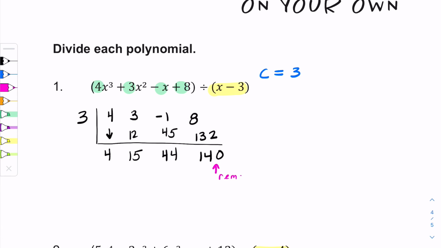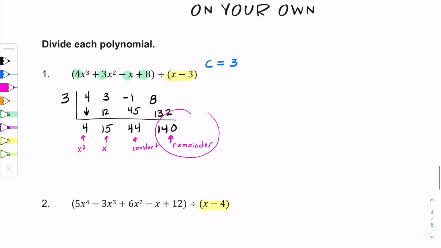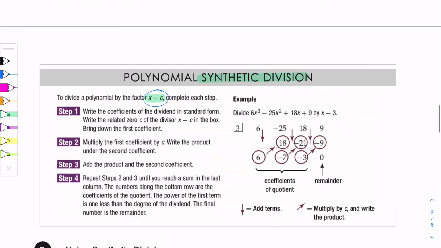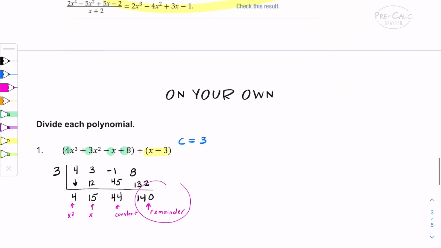Remainder, constant, coefficient of x squared. Your remainder is going to be written the same way as I explained it above. It's quotient plus remainder over divisor every time.